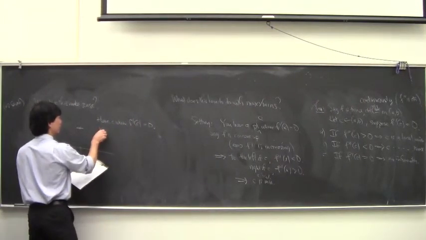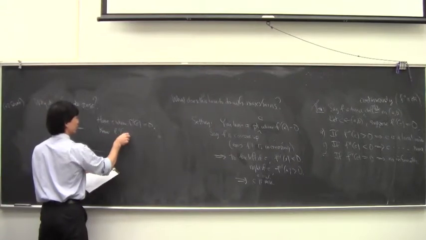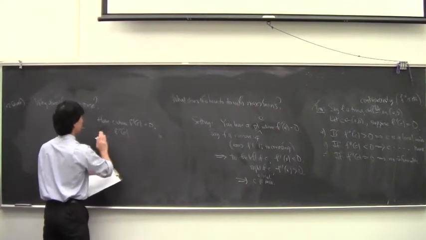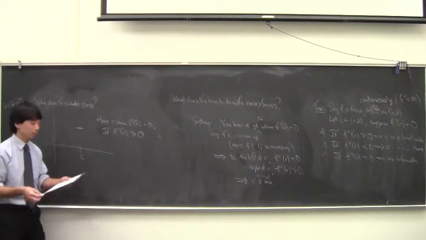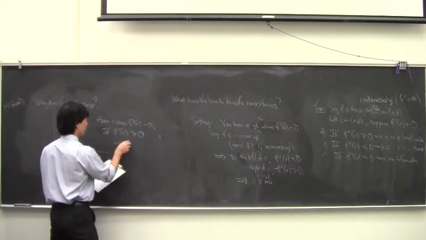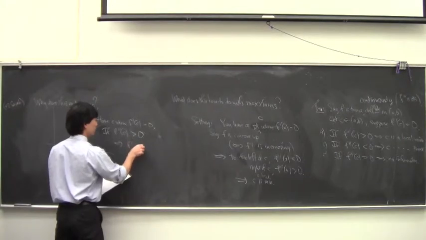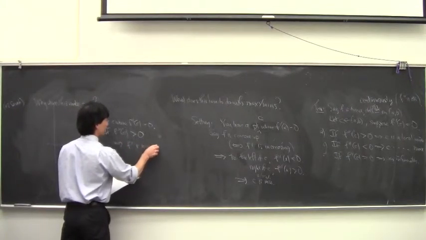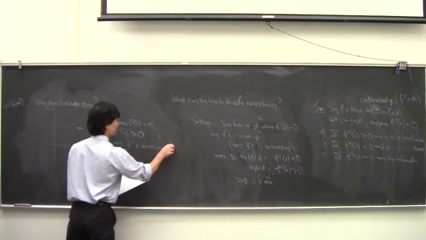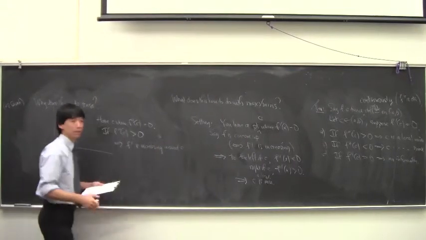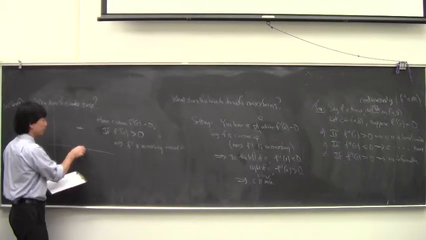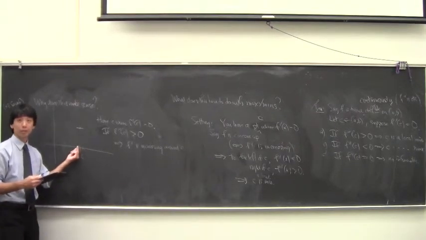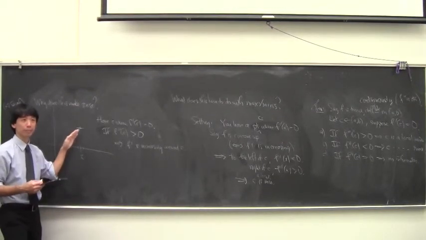If f double prime of c is bigger than 0, then f prime is increasing around c. If f prime is bigger than 0 there, there's some little neighborhood where f prime is increasing.